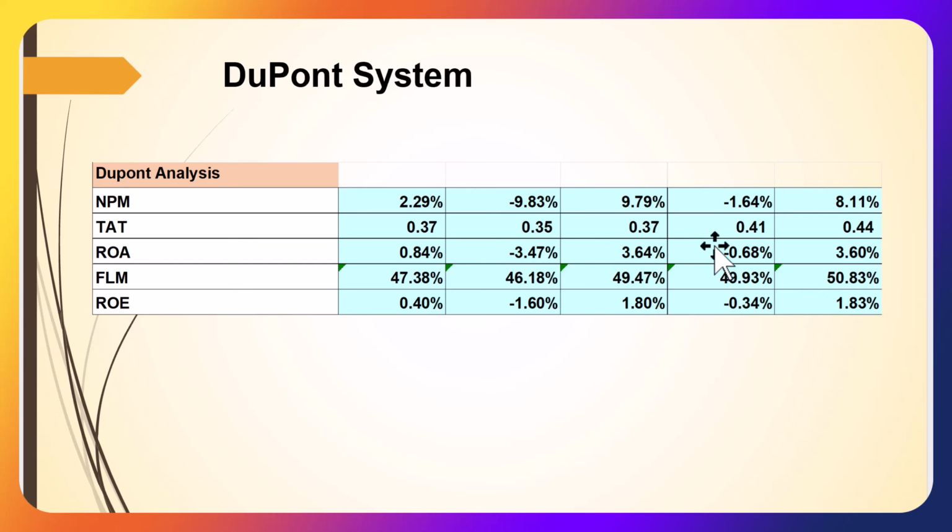So we have slightly increasing efficiency. We have slightly decreasing leverage. And the factor that's making return on equity bounce all around is our profit margin. So we need to look at profits on how we can better stabilize those numbers over time.